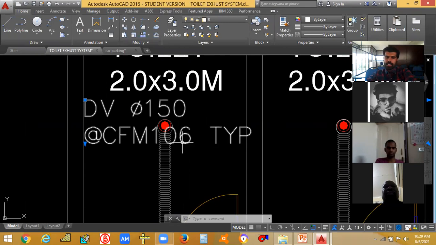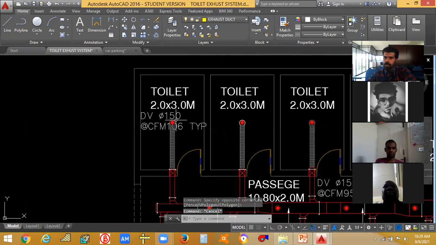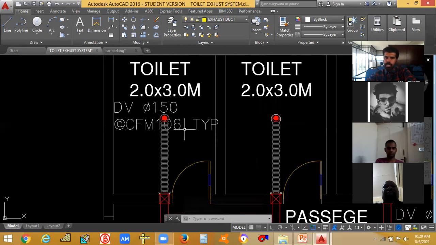How I got 106 is with the formula: volume in meter cube into ACH divided by 1.7, and you will get almost 106 CFM. I don't remember what ACH I had taken, but I will show you.